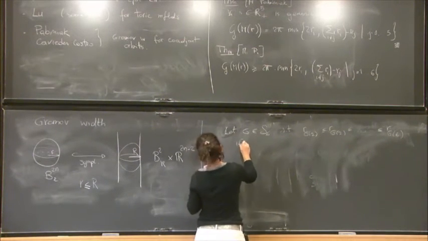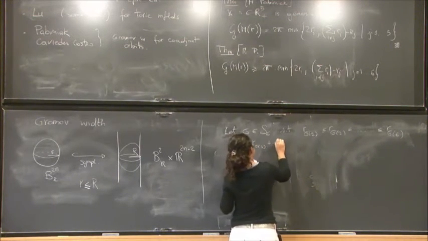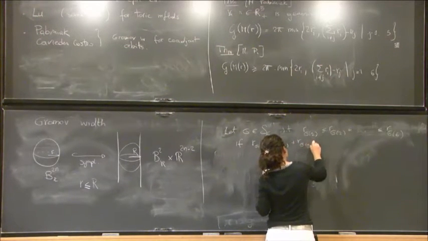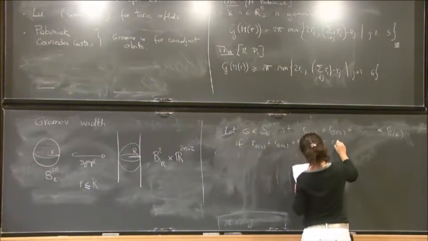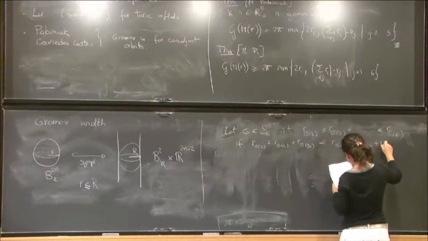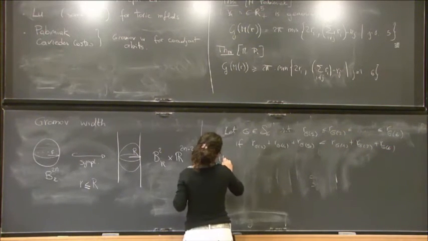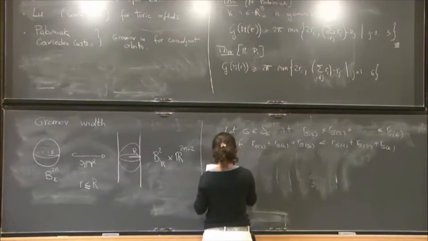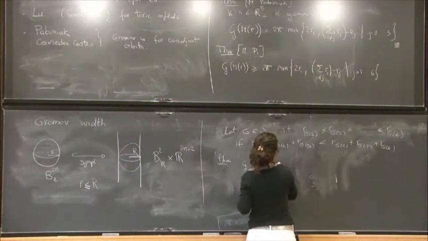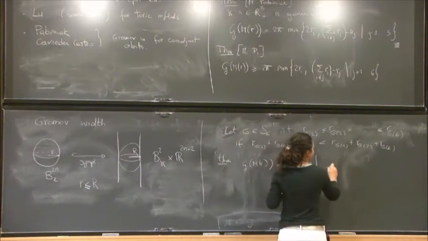Then if R sigma 3 plus R sigma 4 plus R sigma 5 is smaller than R sigma 1 plus R sigma 2 plus R sigma 6, then we have that the Gromov width of MR is also smaller or equal than 2 pi times the minimum of what is above.